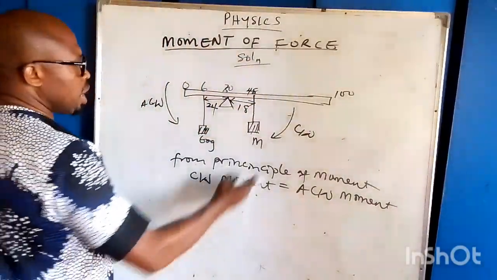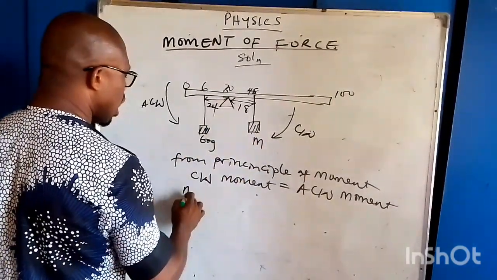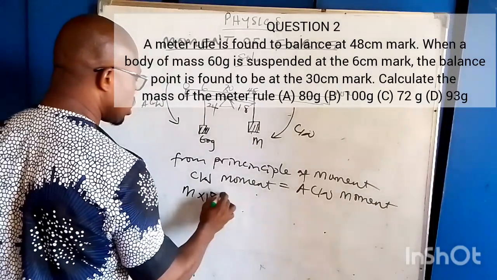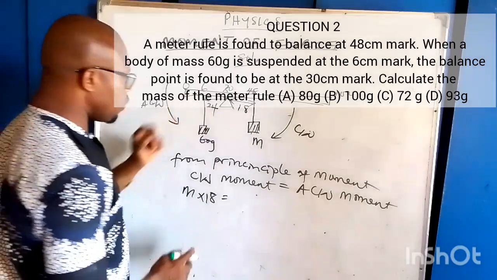Now the clockwise moment will give us m times 18. M times 18 is equal to the anti-clockwise 60 times 24.